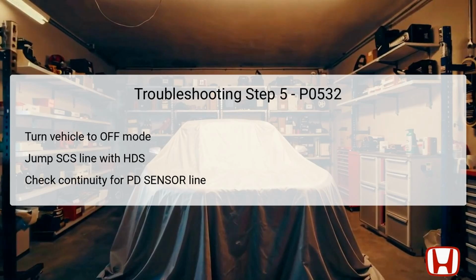If continuity is found, it indicates a short in the PD sensor wire that must be repaired to restore functionality. However, if there is no continuity, the PD sensor wire is likely operational, and further steps should be to consult authorized service sources and consider substituting a known good PCM to resolve persistent faults.